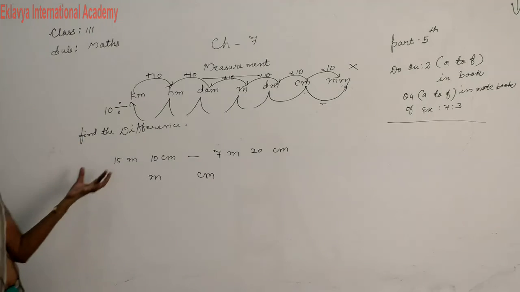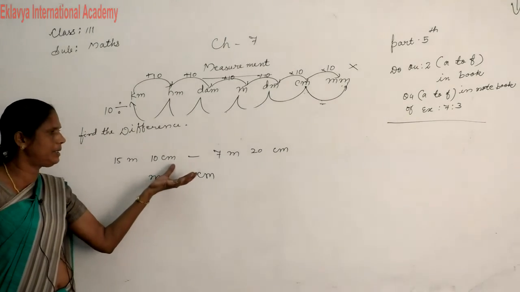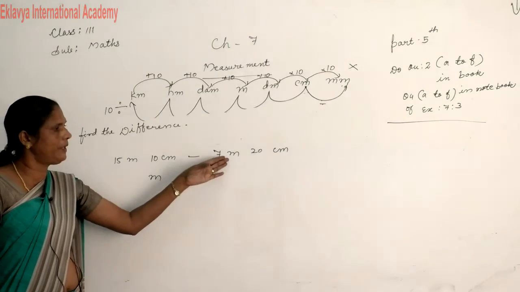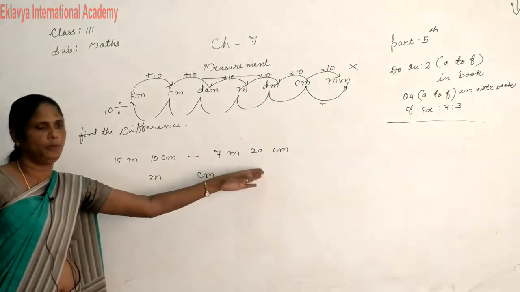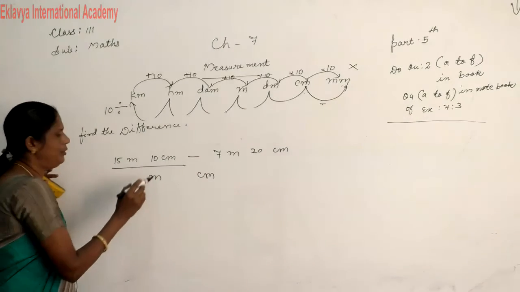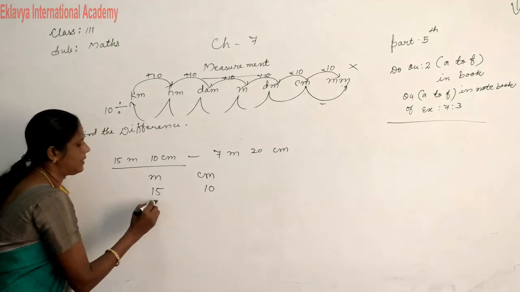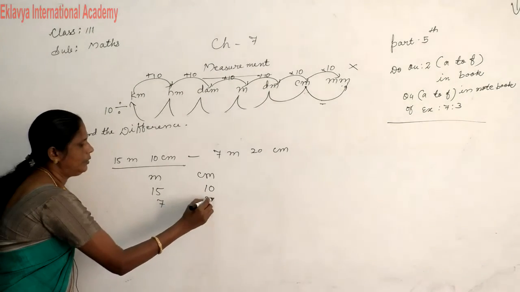Then you write 15 meter 10 centimeter minus 7 meter 20 centimeter. This is the greater, bigger number, so you write 15, 10, here 7, here 20.